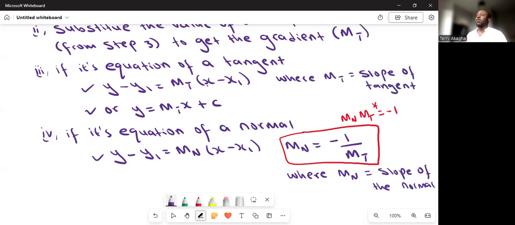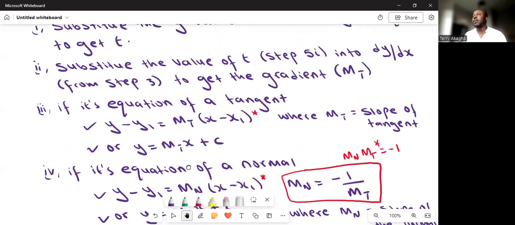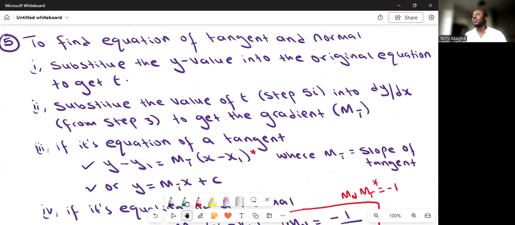Right. So in some cases as well, you can also use y is equal to mn x plus c, but I always prefer to use the first one because it's way easier and it'll give me my answer straight up, okay? So that is it. So that's how you find the equation of tangent and normal.